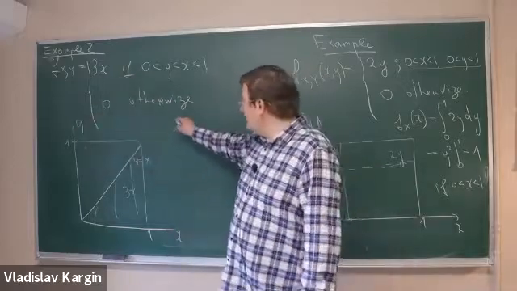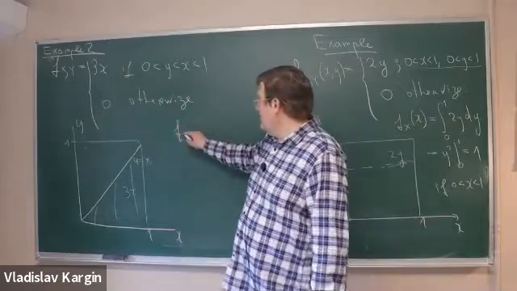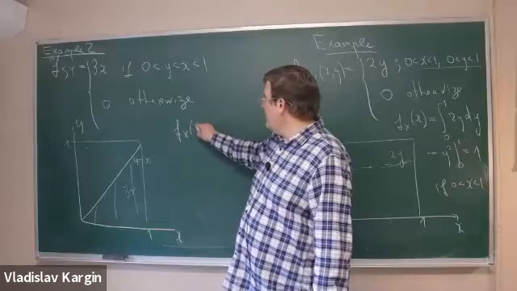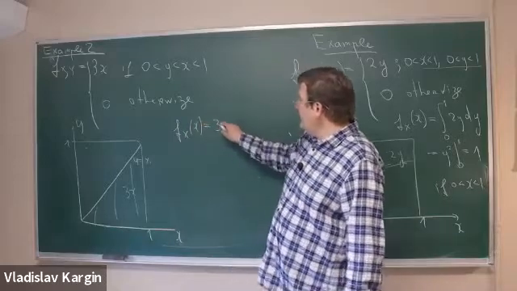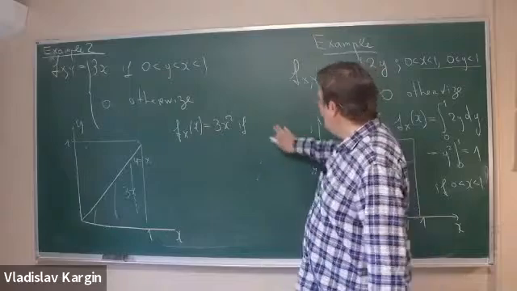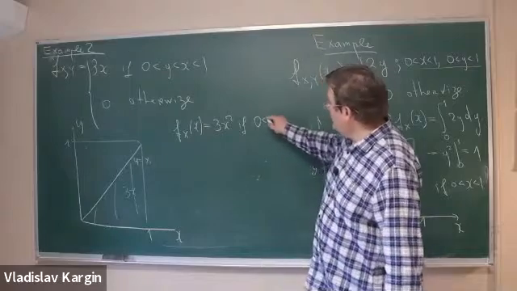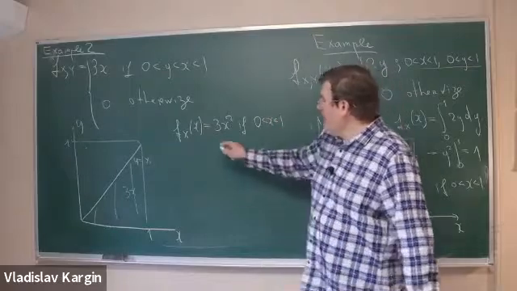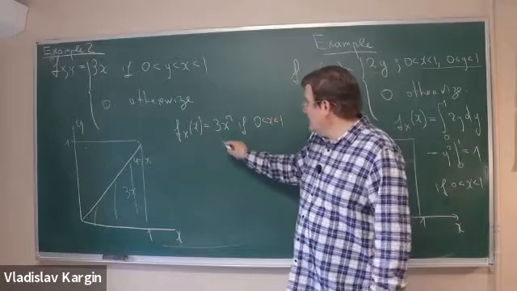So we calculated it, and it was something like f of x of x was equal to 3x squared if 0 is smaller than x, smaller than 1, and 0 otherwise.